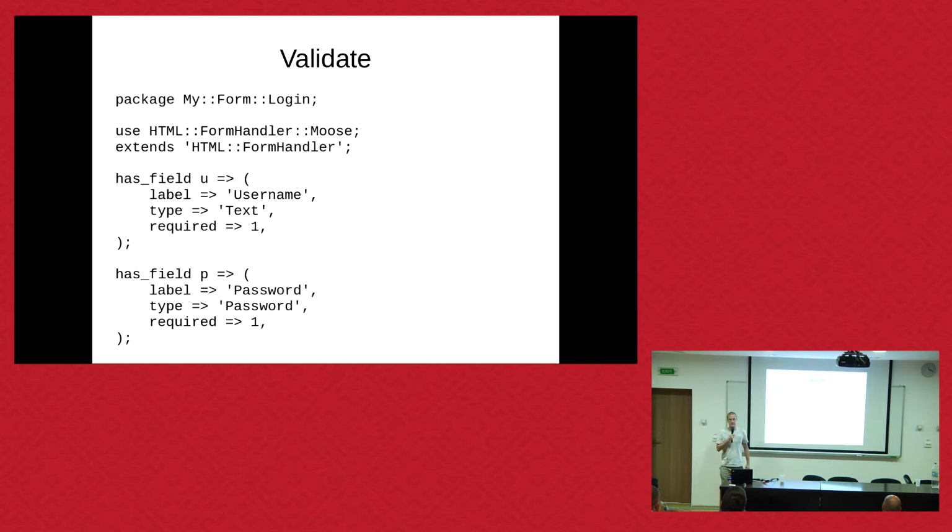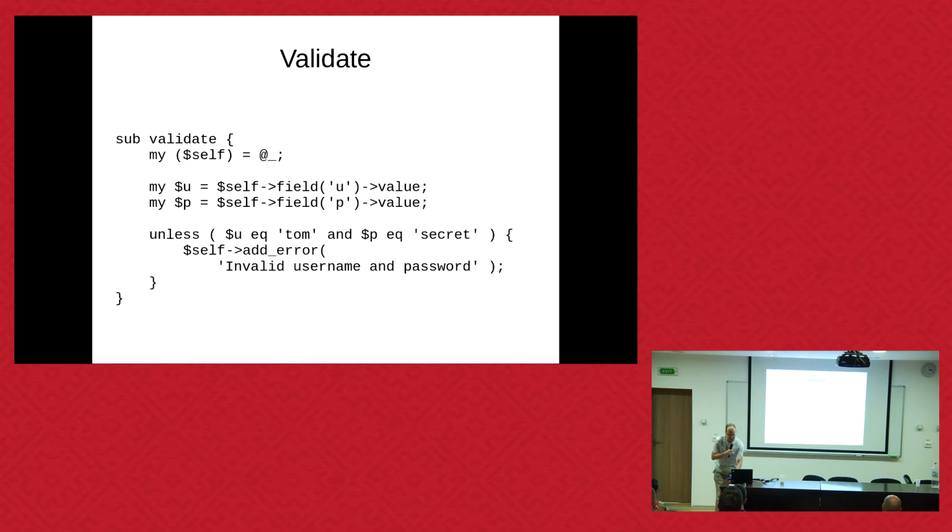Now, let's imagine a slightly different example. Let's imagine a login form where you've got a username and password. Everything we're seeing here should be kind of familiar. It's all just doing stuff we've already seen. Okay, no big deal. One thing we can do as well as validating fields is provide our own custom validation methods for the whole form. This would be on my form class.